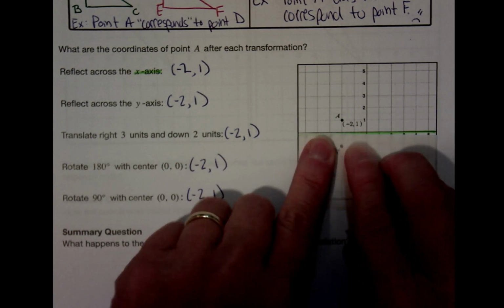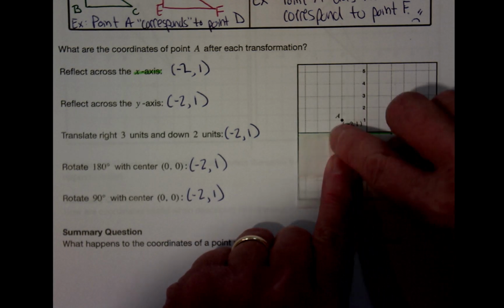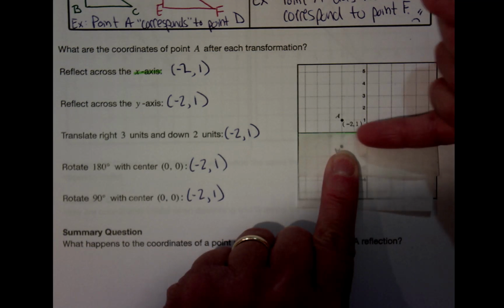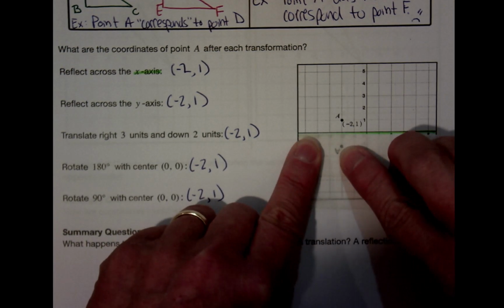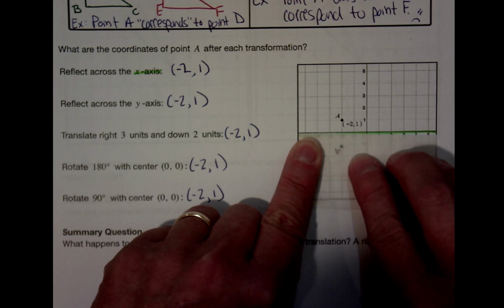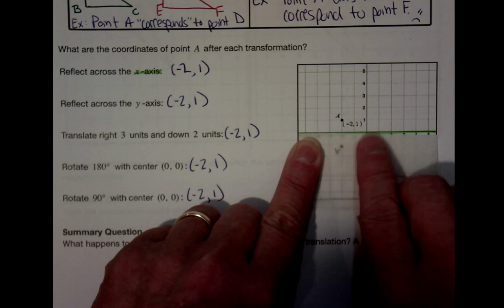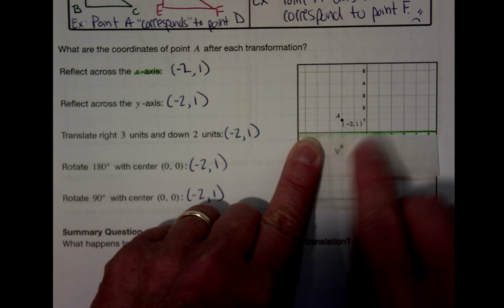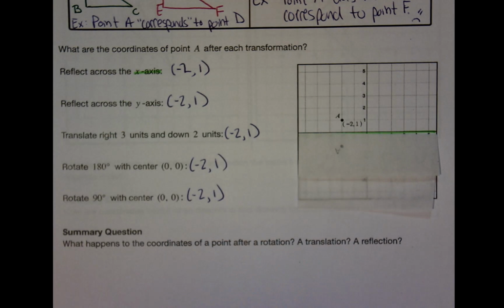And if I look at where it lands, the x value is the same. I'm still moving 2 units to the left, -2. But the y value is now the same distance under the x-axis as it was above the x-axis. So instead of moving to the left 2 and up 1, I'm moving to the left 2 and down 1 for my coordinate. So let me just jot down what we did there.